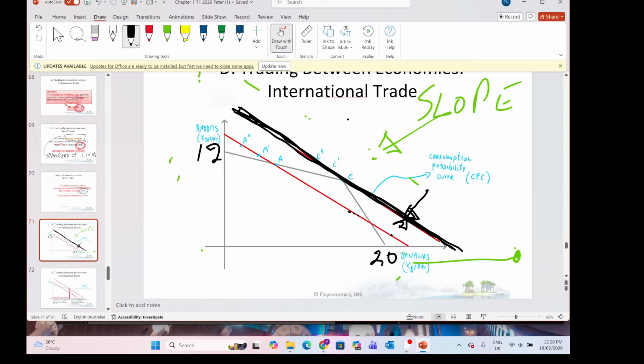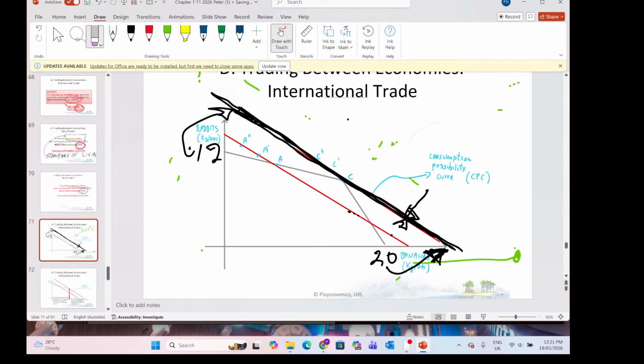What we could ultimately have is this number of rabbits, or this number of bananas. It's within our possibilities to increase our consumption possibility. So that black line now represents our consumption possibility curve.